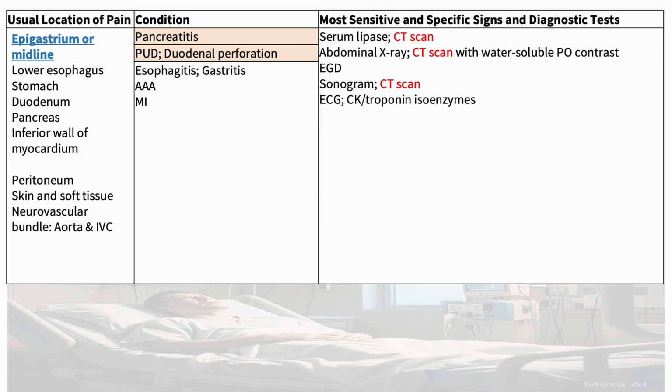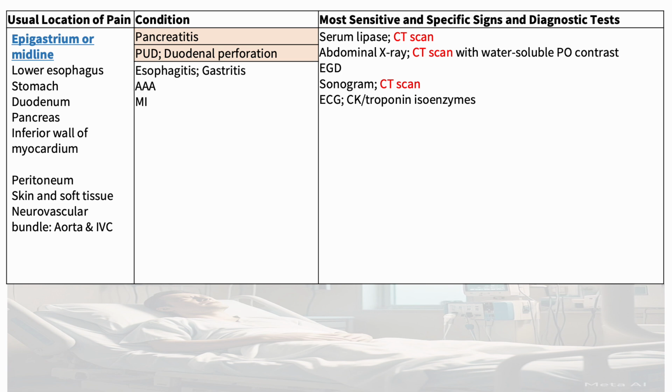And these are just some of the tests that can help you make the diagnosis, including serum lipase and CT scan for pancreatitis, abdominal X-ray, upright or decubitus views, and also CT scan with water-soluble oral contrast for peptic ulcer disease and its complications. EGD more likely will be needed if you're suspecting esophagitis or gastritis from various causes.